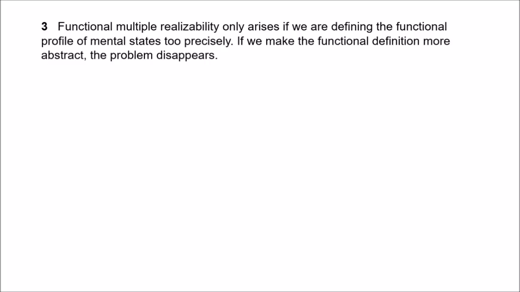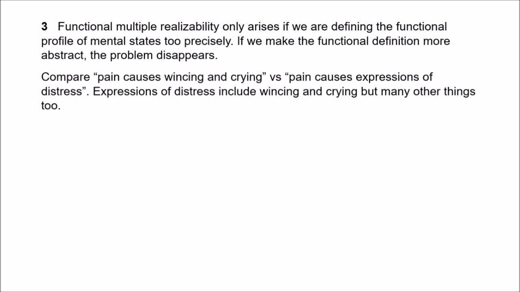If we make the functional definition more abstract, the problem disappears. To see what I have in mind here, compare pain causes wincing and crying with pain causes expressions of distress. Now, the latter claim is more abstract in a sense. Expressions of distress include wincing and crying, but they also include much else besides. There are many animals that will express distress in different ways.